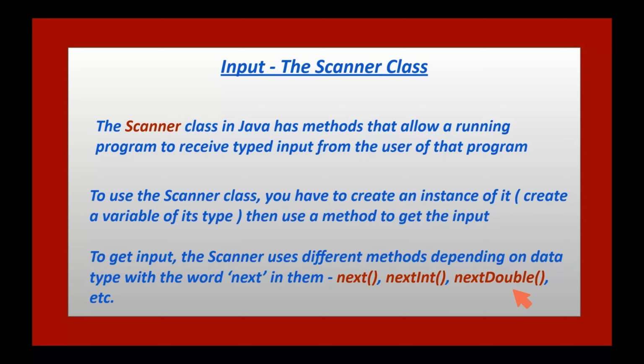The method that you use to get the input using the scanner is going to be dependent on the data type. Like if you want to get an integer from the user, you're going to use nextInt. If you want to get a double, you're going to use nextDouble. And for getting singular strings, you're going to use the next method. But any of the input methods are going to have next in them.